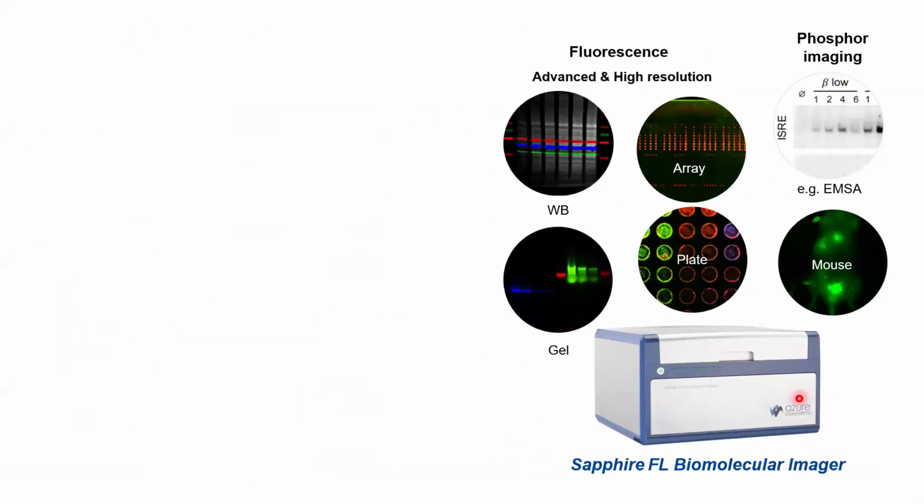The one we're looking at today is Sapphire FL, which is focusing on our high resolution fluorescence scanning, either on your blot, gel, array or plate, which is much more relevant to today's topic, which is in-cell Westerns. And other than that, Sapphire FL can also do in vivo imaging and also photo imaging.